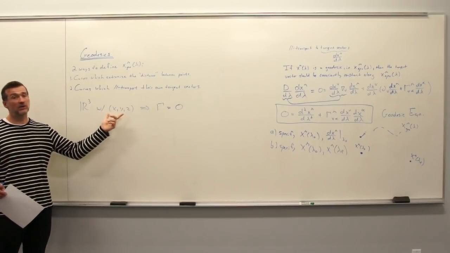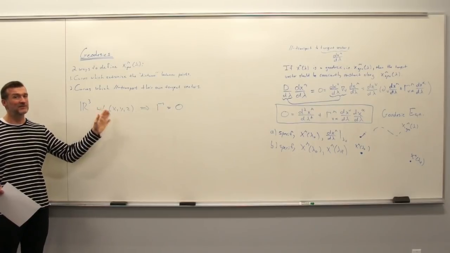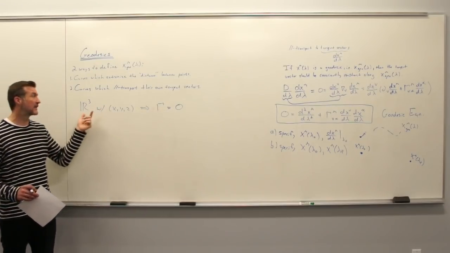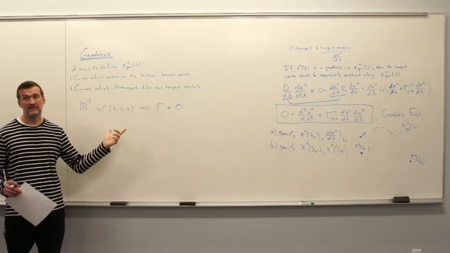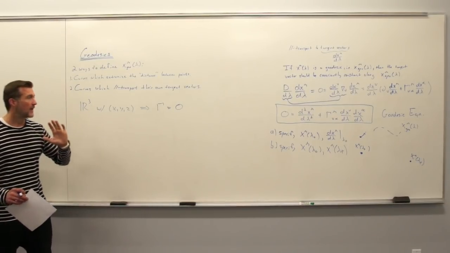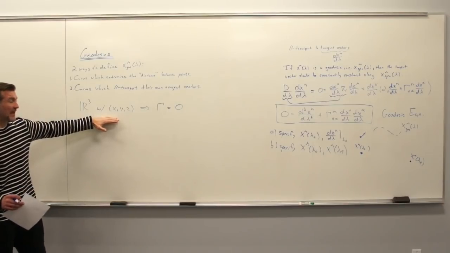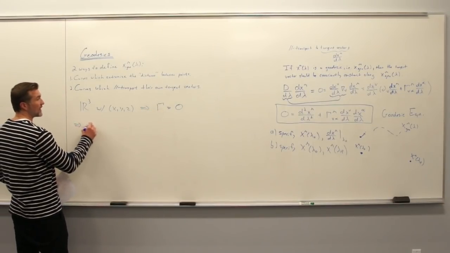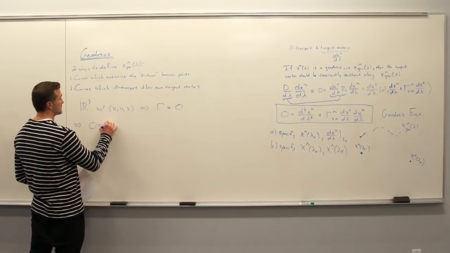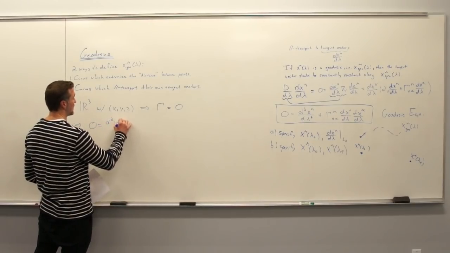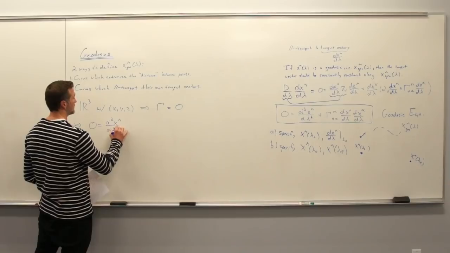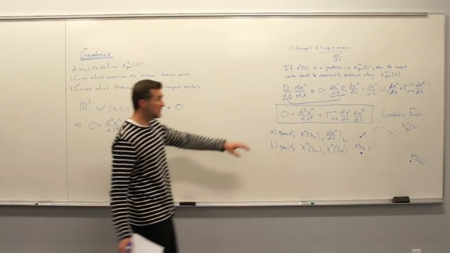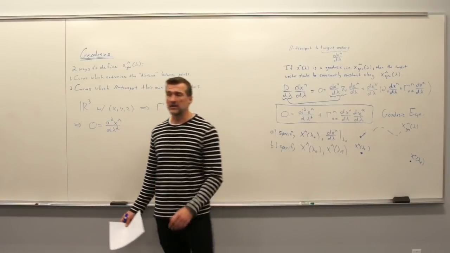Notice if I change the coordinates, if I use spherical polar, then suddenly some of these are non-zero. So that's why I have to give you not just the space, but the coordinates that I'm using. But for this particular space, all of the gammas are 0, which means that the geodesic equation simplifies to d2 x mu d lambda squared is 0, because all of these second terms disappear.